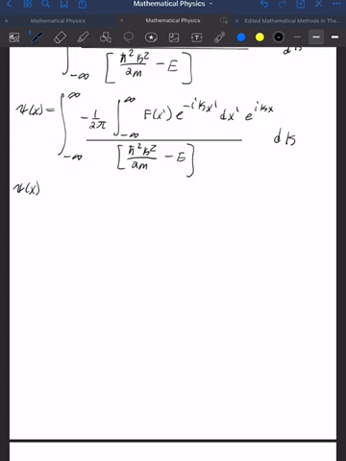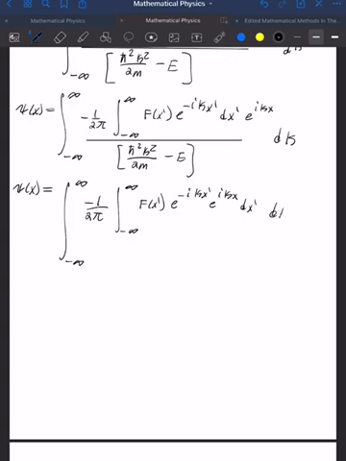And so psi of x is equal to the integral, and I'm going to make this integral really big, from minus infinity to infinity of minus 1 over 2 pi times the integral from minus infinity to infinity of f of x prime e to the minus i k x prime e to the i k x dx prime dk.